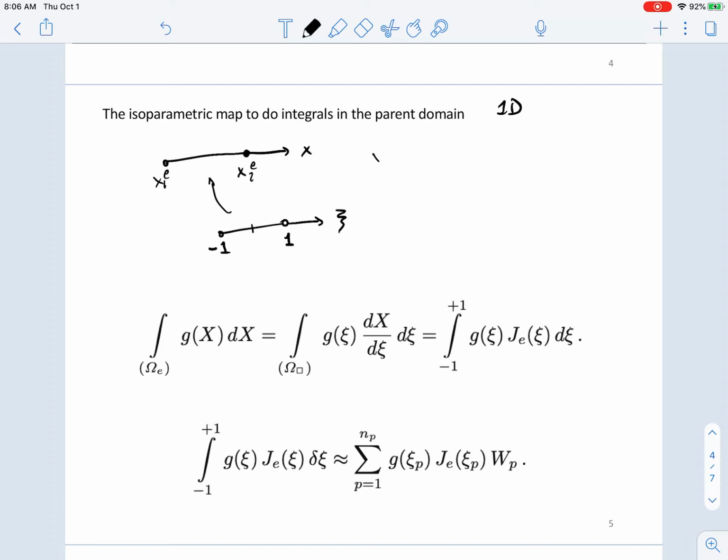In this case, these are scalar, right? And so we want to do integrals in the -1 to 1 range, and we have this map between x and xi, the isoparametric map.